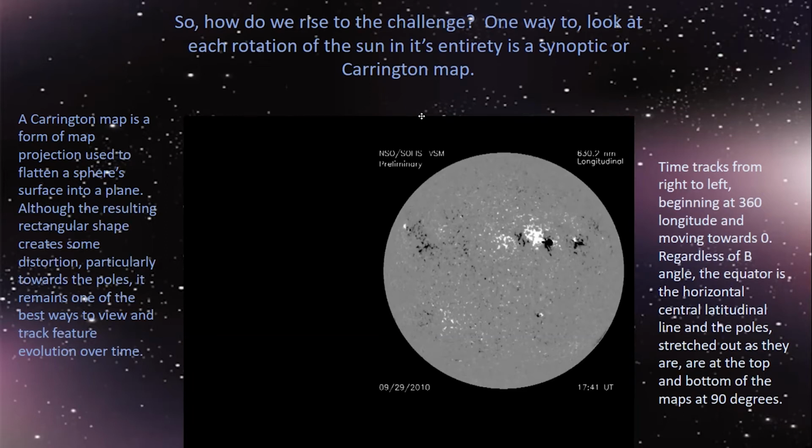Ian, I think it looks like maybe you're not advancing slides. We still see the sun. What slide are you on? Oh, no, I'm sorry, we're back on where the movie was of the unwrapping Carrington map. That's very bizarre, I'm on many slides further along than that.